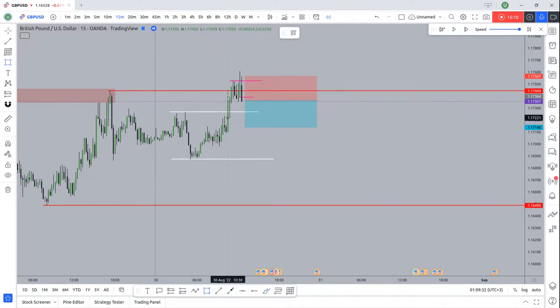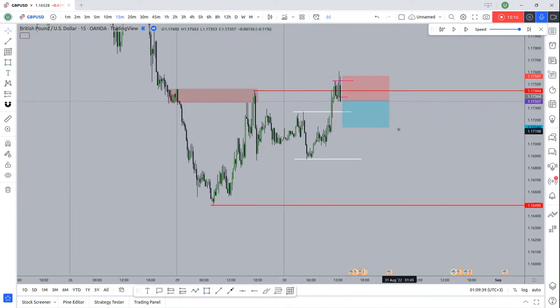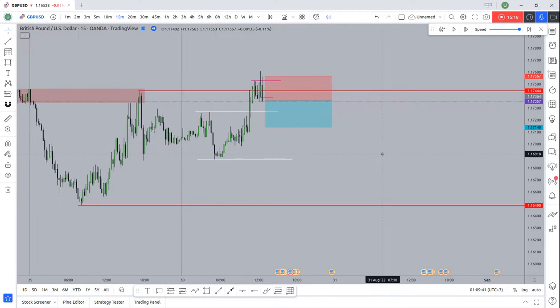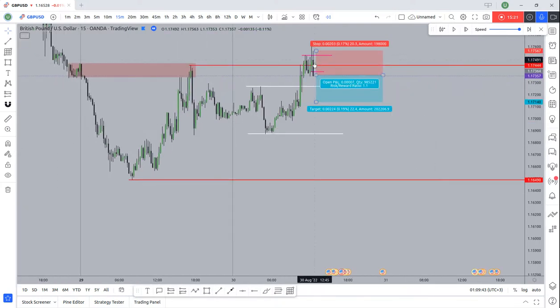We also had this imbalance that price had to come and fill. But this imbalance here is not my target, because if price has to come lower, why should this imbalance take price up? If this liquidity has been taken out, why would this imbalance take this price up? Which one is stronger?